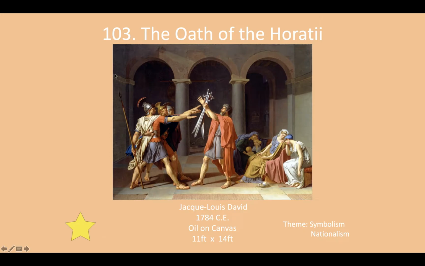Okay, lots of symbolism here. Now, here's the deal. These men from Rome, the Horatii, are going to go fight the other 3 men from Alba, the Curiatii. Okay, they're going to fight each other.